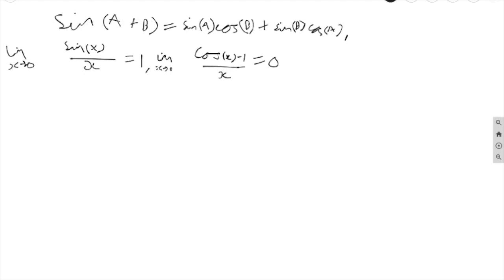But you'll remember that our differential definition was that d by dx of some function of x equals the limit as h goes to 0 of f of x plus h minus f of x, all divided by h. That was our definition. That's what differentiating is. That's the explicit way of doing differentiation.